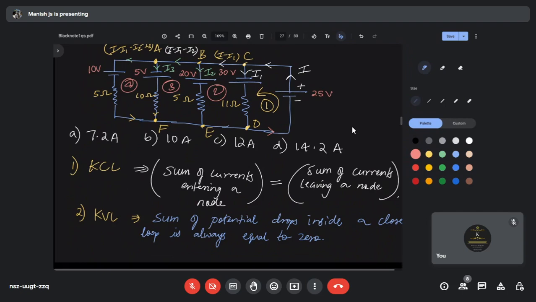So when we apply Kirchhoff's voltage law, that is the loop law, for the equation of loop 1, there are certain important rules that you have to keep in mind. Rule number 1: when you are moving in the direction of current, you always need to take the value as positive.